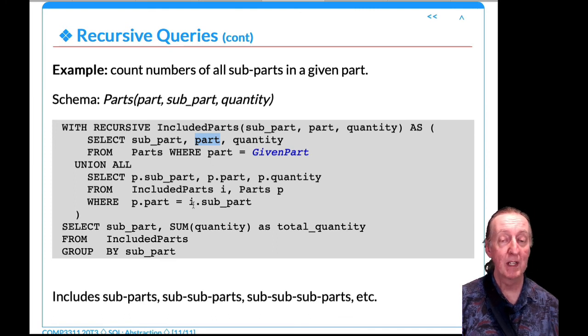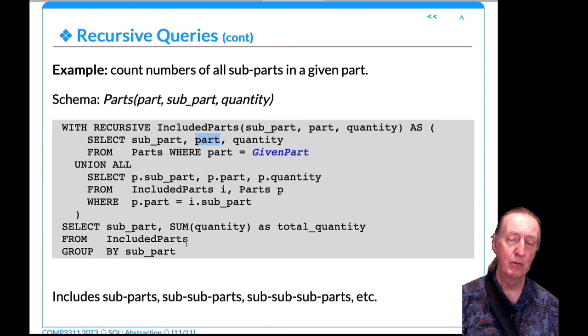We'll keep doing that until we've reached all of the included parts in the original part assembly, so there are no more parts that have child parts, if you like. That gives us a bunch of parts, subparts, and how much of each.